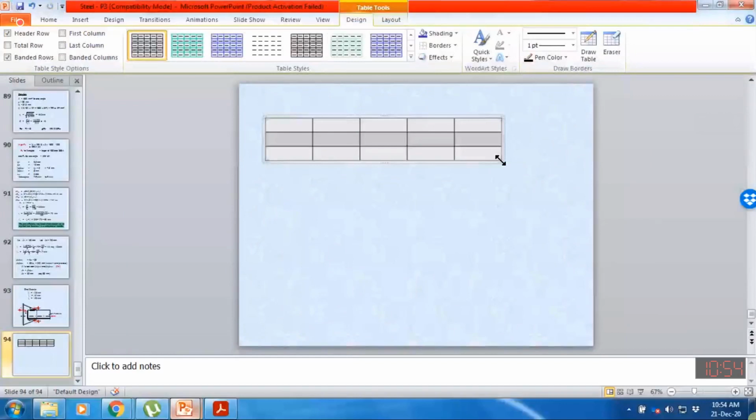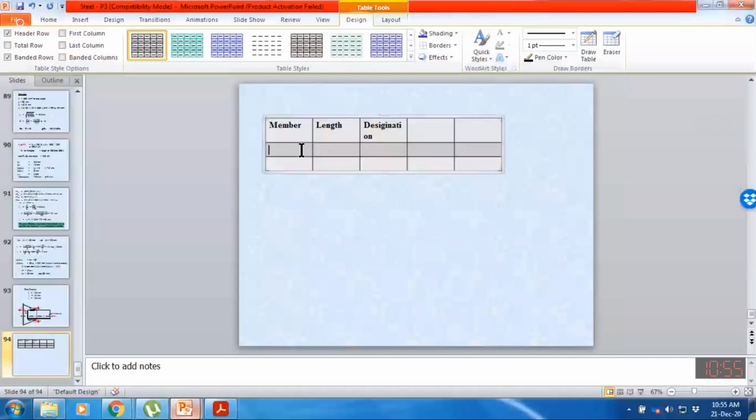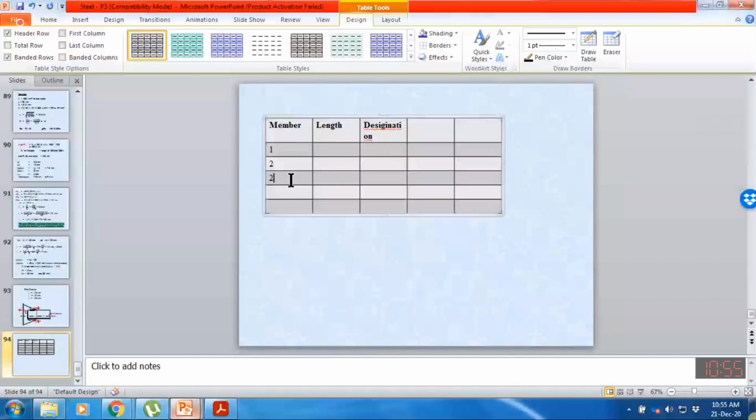And in the designation, you are going to write whether this is a double angle or a single angle, for example 102 into 89 into 9.5.